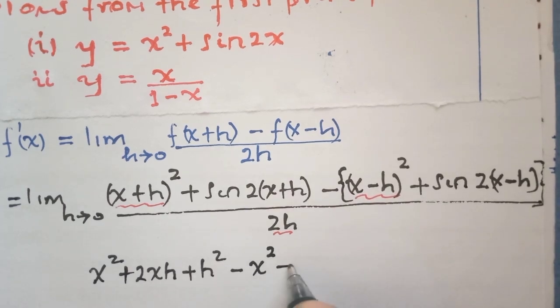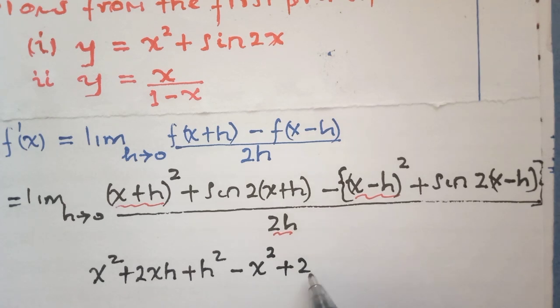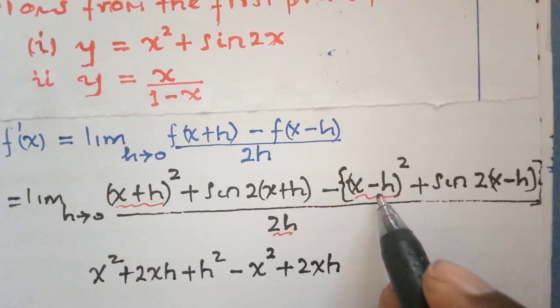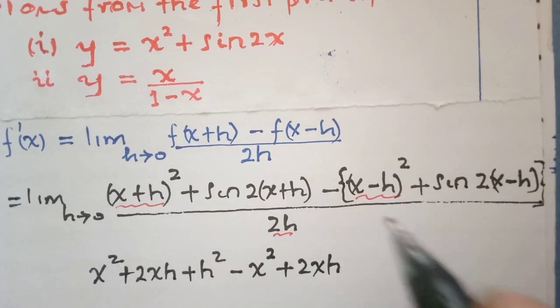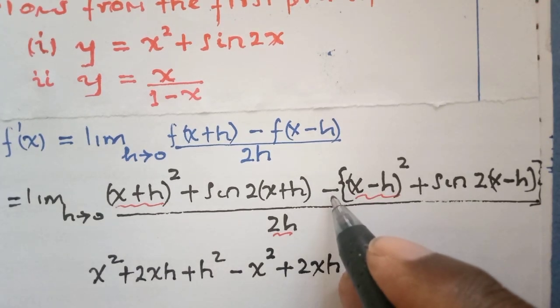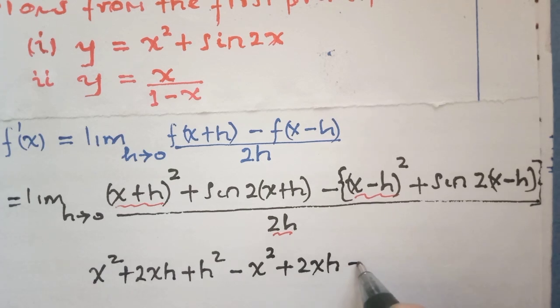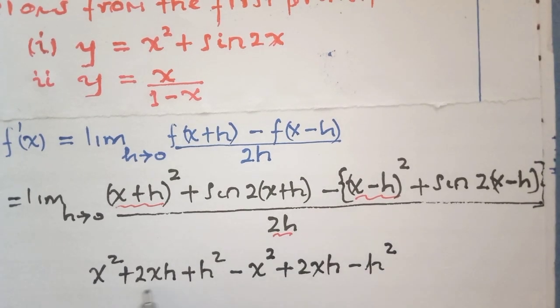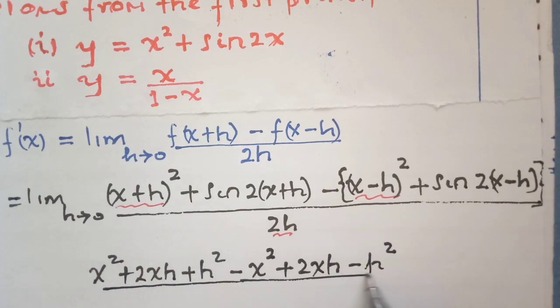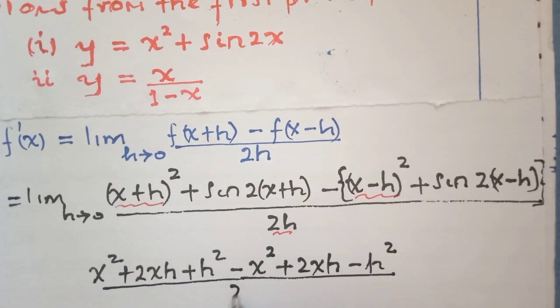It shall be plus 2xh, like that. Finally, minus h multiplied by minus h, we shall get h squared. It will also be changed by this minus, so that you shall have a minus h squared. The whole of this equation, all over 2h.